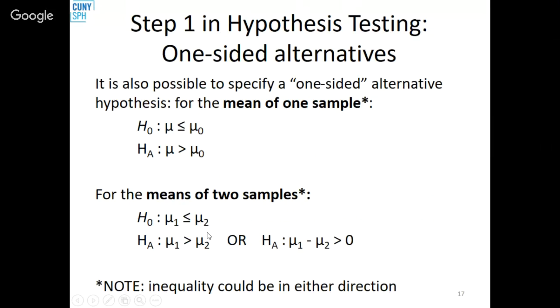And I should say that the instances in which it's permissible to do a one-tailed or one-sided hypothesis test are very rare. There are some cases in so-called equivalence clinical trials where it's standard to do that, but most likely you'll never use this.